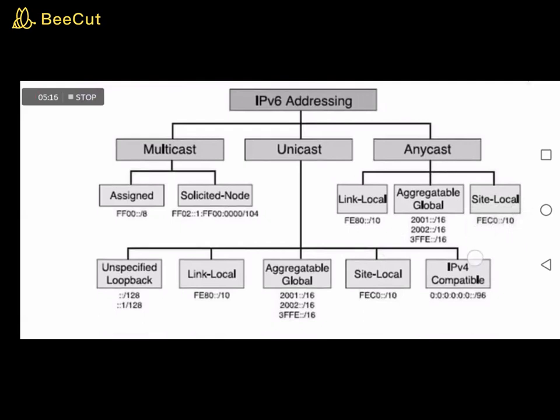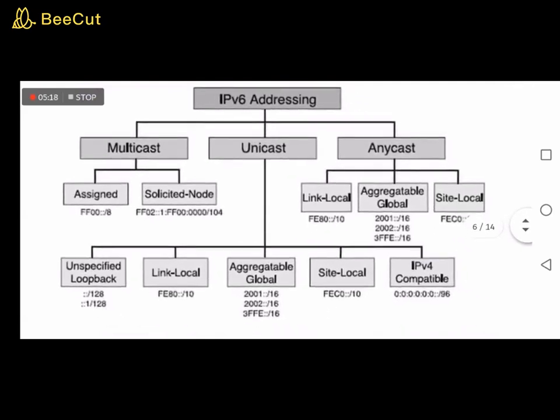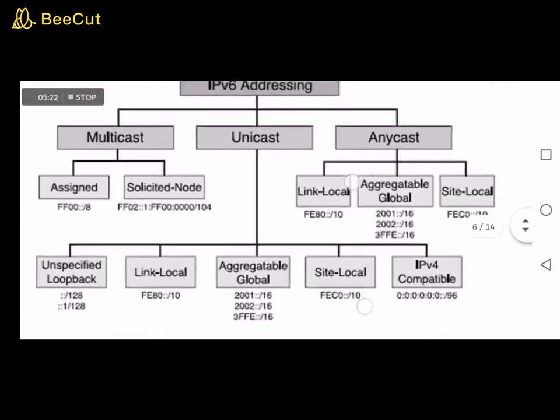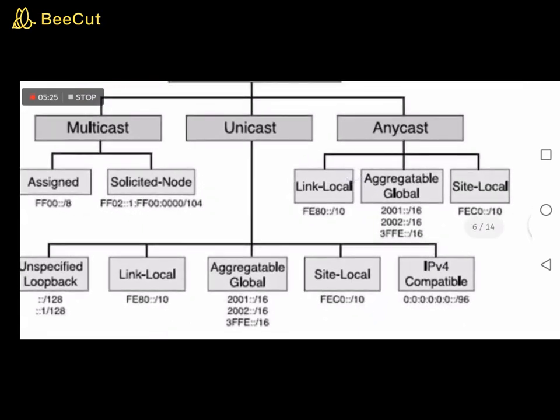Our focus will be on unicast addressing: the link local address, which starts with FE80 here, and the global unicast address, starting from 2001/16 to 3FFE/16 as examples of aggregatable global unicast addresses.